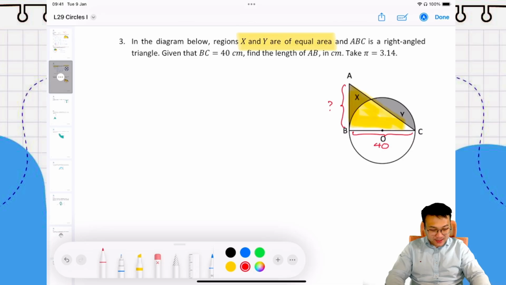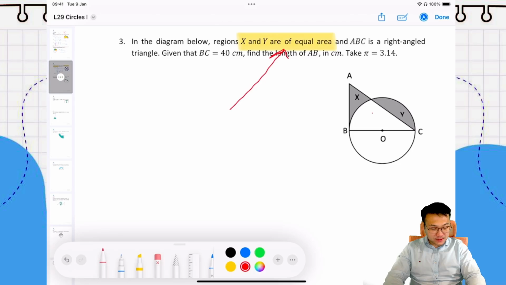Alright, so Zoanne, let me ask you this, okay? Zoanne, there must have been a reason why they told us that area X equals area Y. Don't you think so? Now, Zoanne, if area X equals area Y, can I safely say that... Okay, hold on.